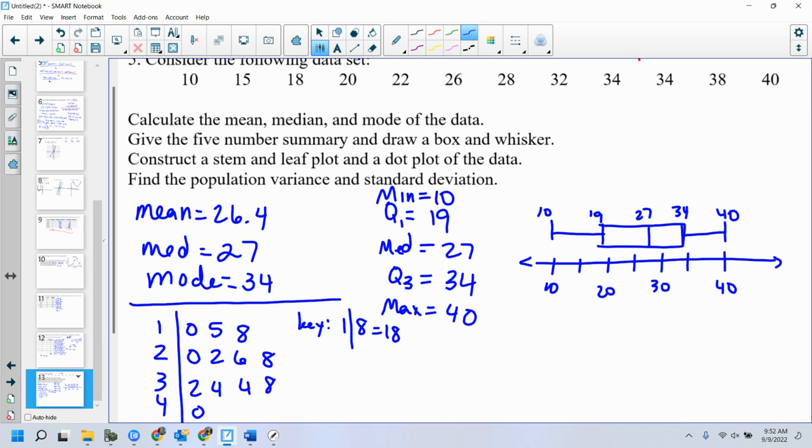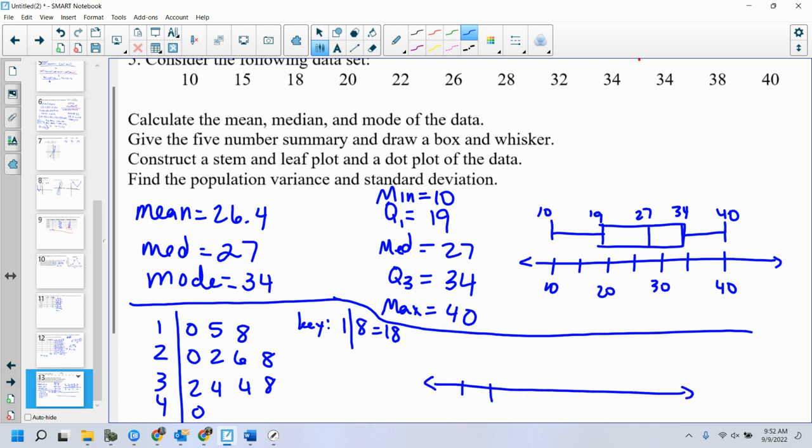Again, I'm going to do for my dot plot the same type of thing. 10, 15, 20, 25, 30, 35, 40. And then just put dots on there.